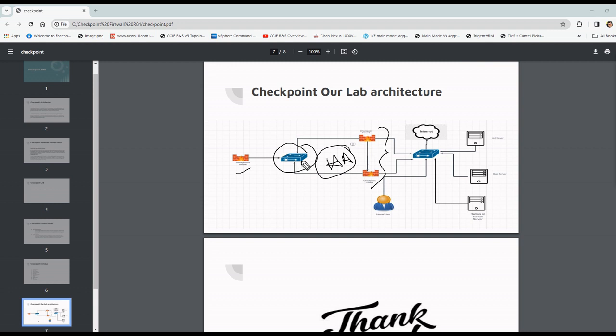There is one L2 switch with VLANs, and all the SVIs are configured over this. There is one internet connection, two servers, a red server and a blue server, a RADIUS server, and the internal users. So today is the first class, and that's all from my end.